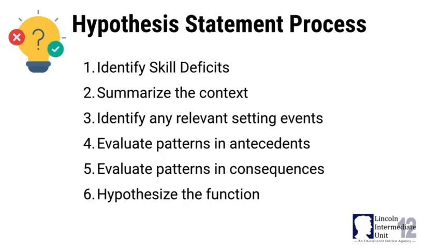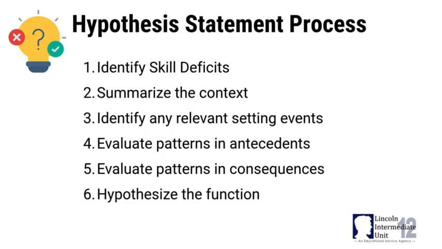Then we will summarize the context. To do this, we will need to examine again all the data we've collected for patterns regarding when and where the target behavior is most likely to occur. So, for example, if you have a student that has behaviors that are unwanted during specials or itinerant classes because they tend to have a little bit less structure or a new teacher or they're there less often, so they get less practice in that setting, that's really important to know.